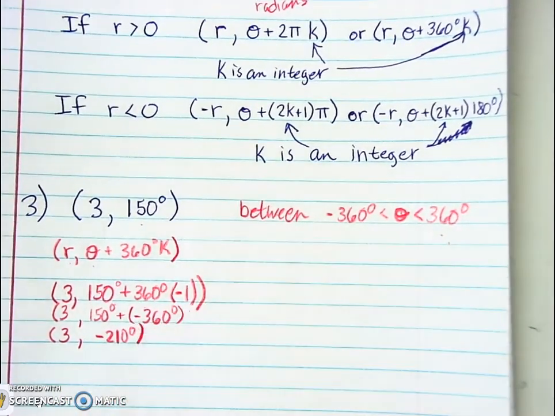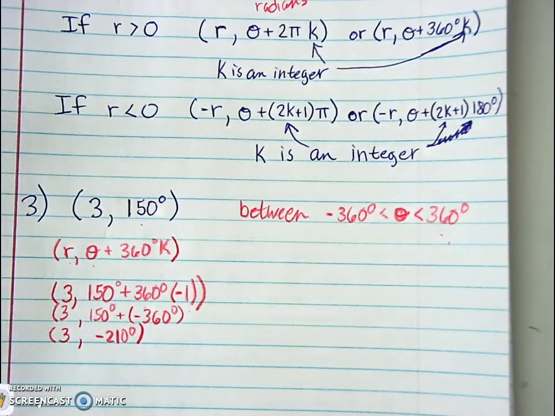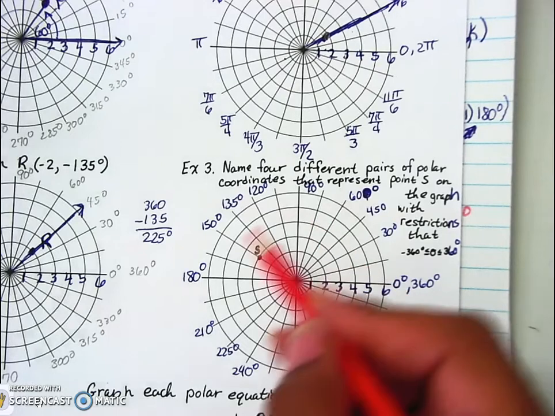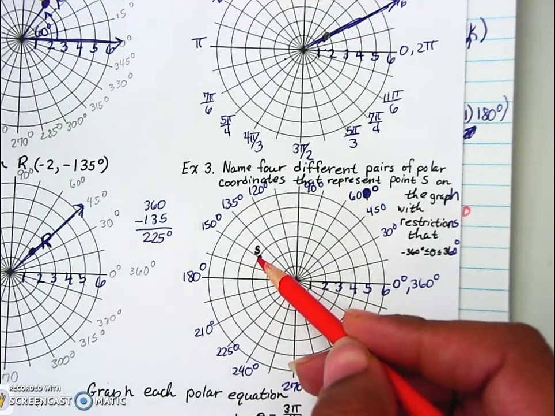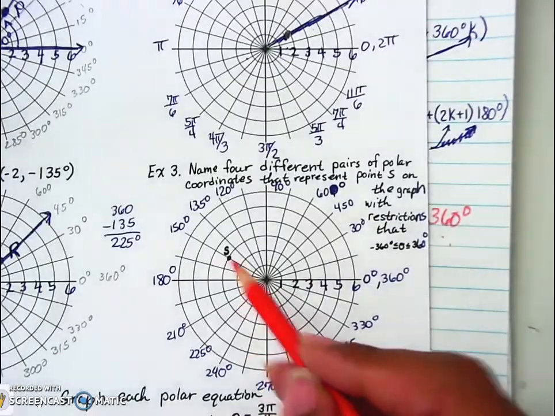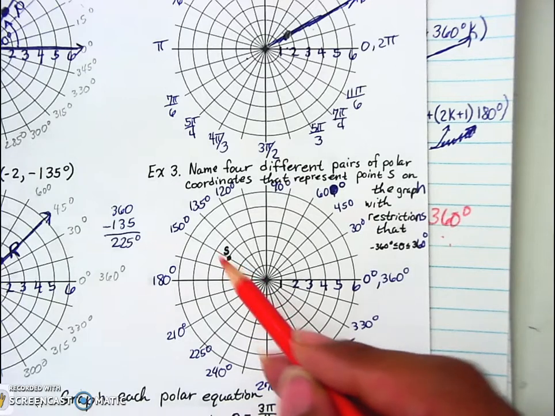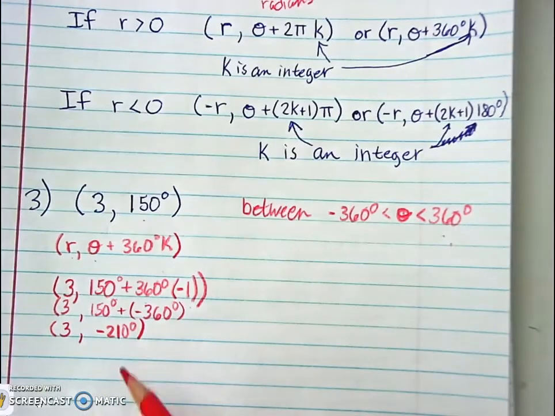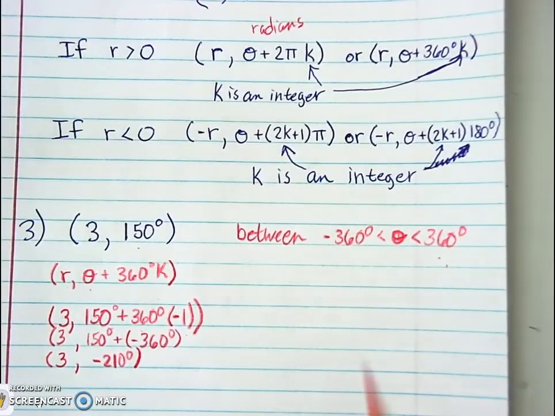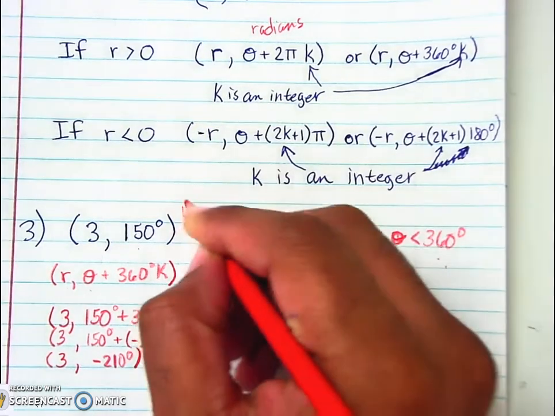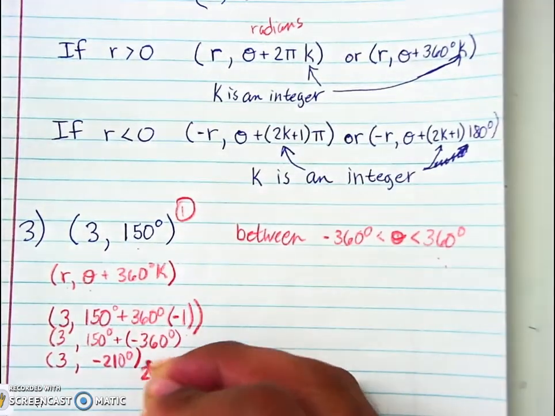Remember your negative angles: instead of going around this way, it's going around this way. And if you do 360 minus 150, it would give you this point right here. So that would be that negative 210. Okay, so that's 1. This is a second representation of it.